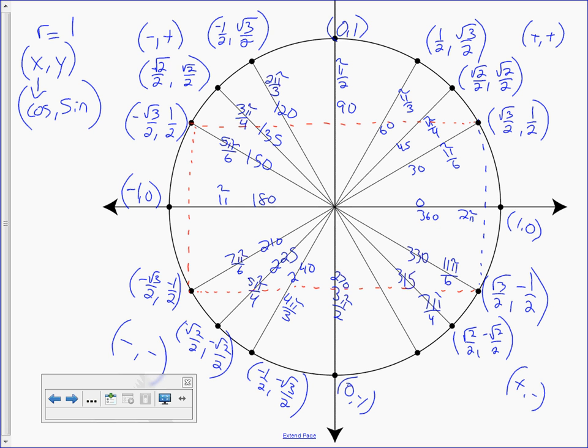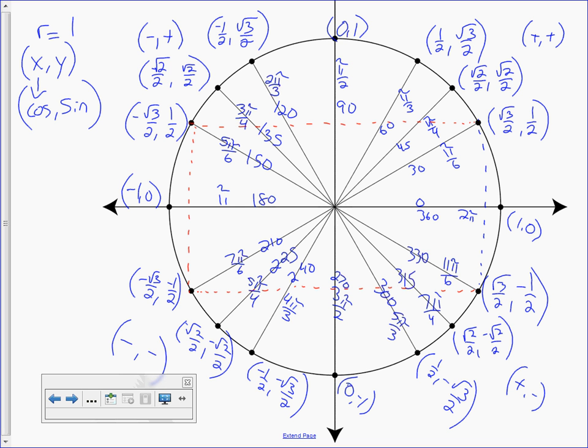And then lastly, 300 degrees, that would be 10 pi over 6, so it's 5 pi over 3. And the ordered pair is 1/2, negative root 3 over 2.